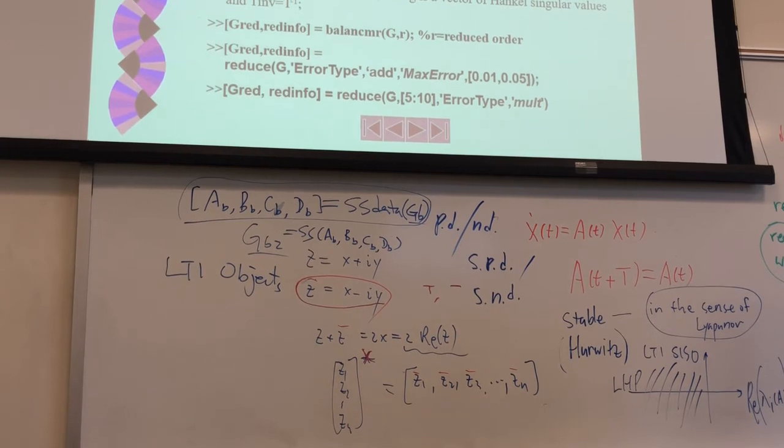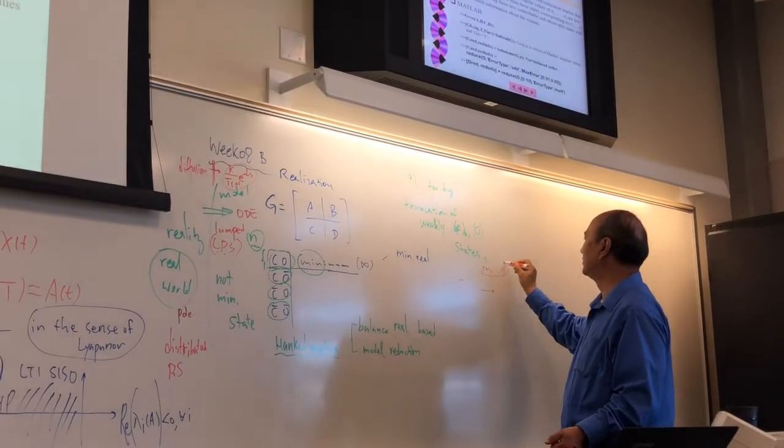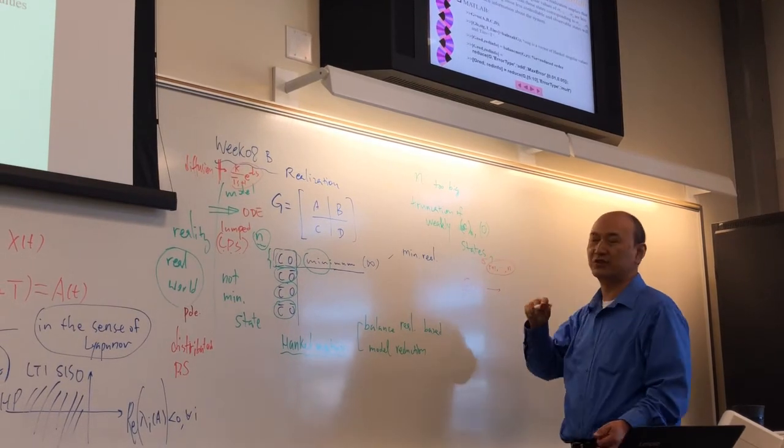Okay, so that is a very interesting topic about bounds of the error. So you know that you have a G of S, A, B, C, D. Then you truncate the R plus 1 to n Hankel singular values.